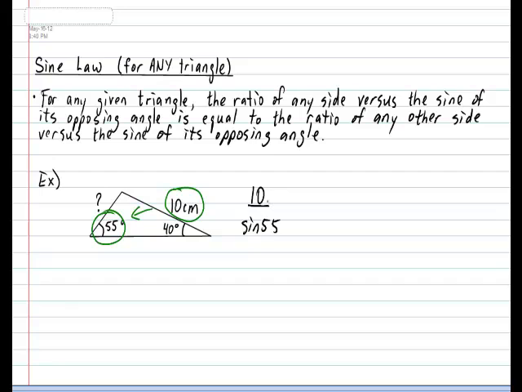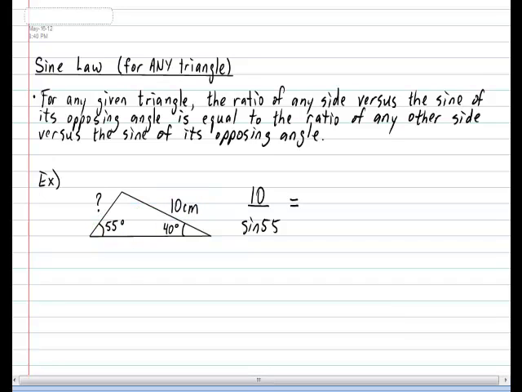Now let's deal with the second sentence in the statement, which is that this ratio should be equal, so I'm going to put the equal sign, to another ratio formed by taking any other side versus the sine of its own opposing angle. So here's the ratio that we're going to form.